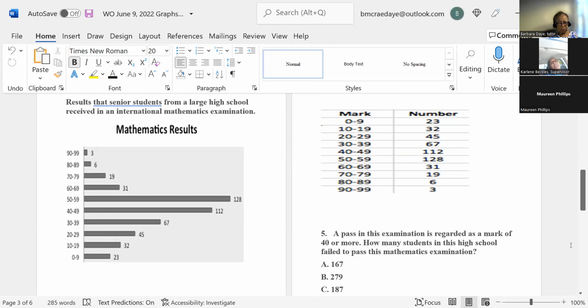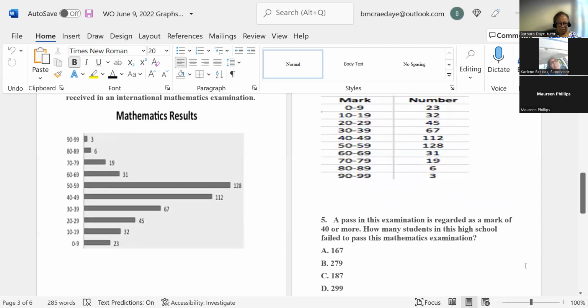I would add up 112, 128, 31, 19, 6, and 3. Very good, because all of those are passing. So you just have to add up from 40 to 49 down to 90 to 99, and that will give you the total number of students who pass. Got it?